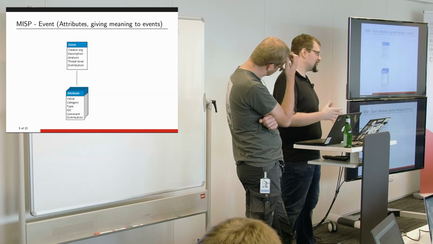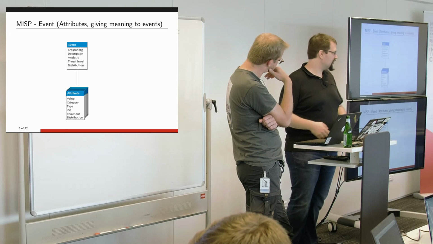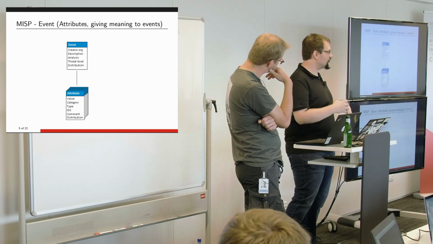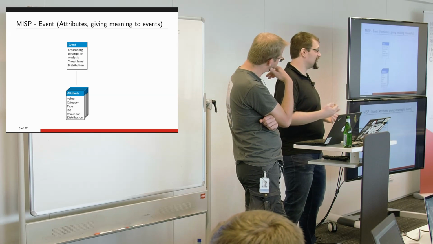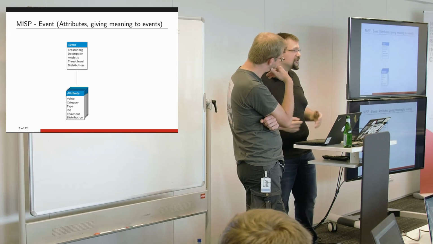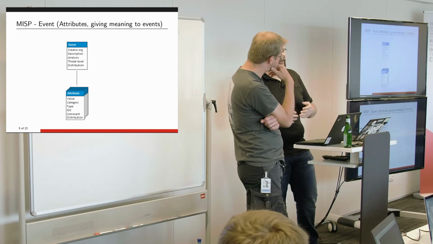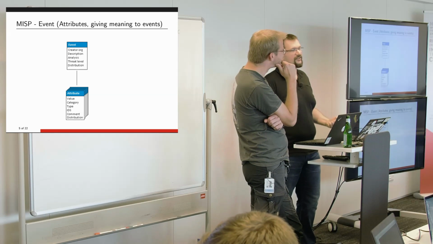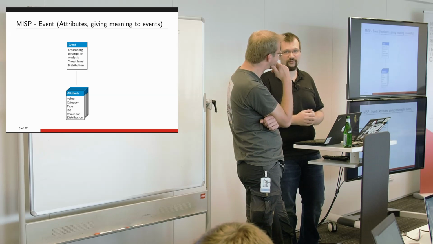One of them is the value, the atomic value itself, for example the IP address. The category describes why this is relevant, in what context this IP address was seen. For example, it is network activity, it was used in payload delivery, and so on. And then you have the type, which tells the user or other systems that this IP address is in fact an IP destination, an IP source, an MD5 hash, and so on.